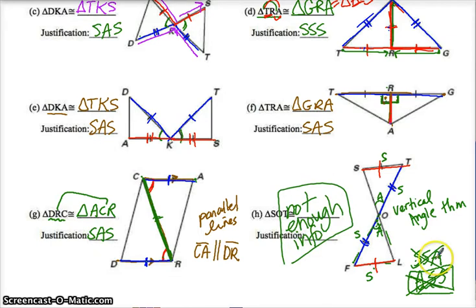You either have to have SAS, SSS, or ASA. And this angle that was given was not an included angle, therefore that was not a justification for making two triangles congruent to each other. We will learn more theorems for why triangles are congruent, but right now today we're just focusing on SAS, SSS, and ASA. Okay, so let's do a proof.